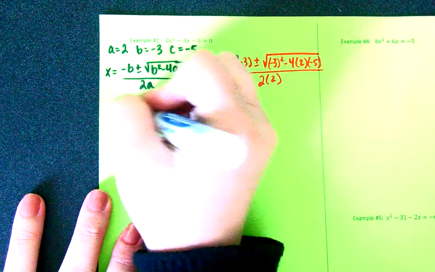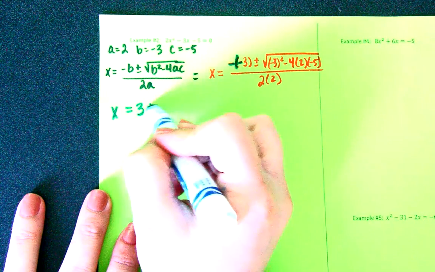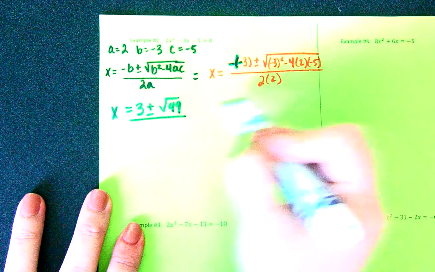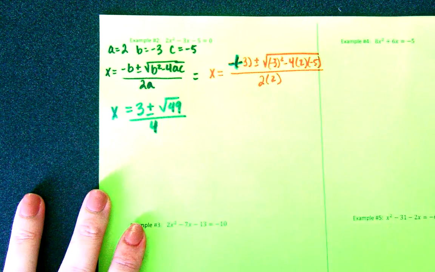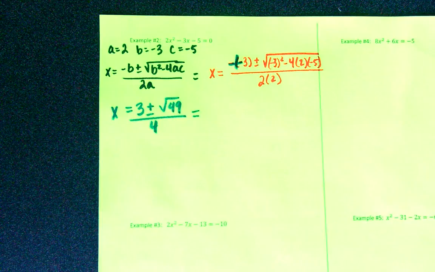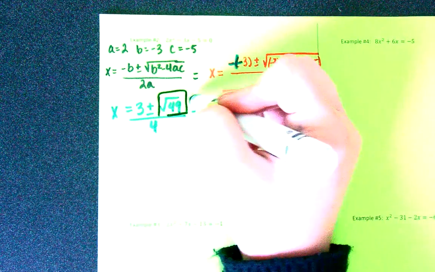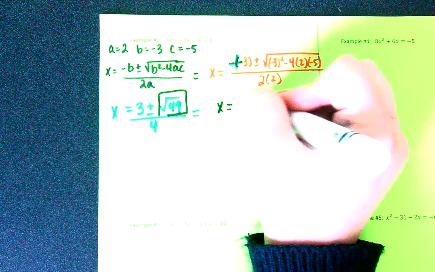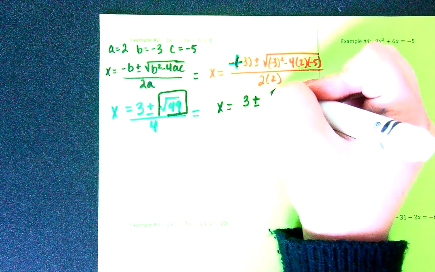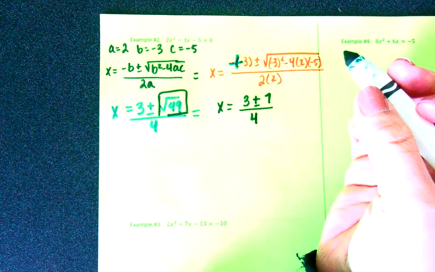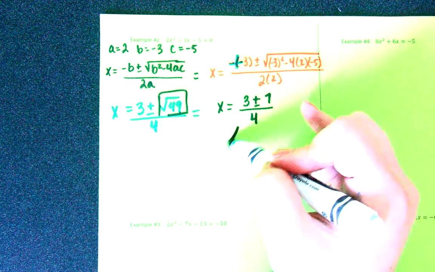So you have x equals 3 plus or minus the square root of 49 all over 2 times 2, which is 4. Now let's go ahead and simplify this here. The square root of 49 is going to give me 3 plus or minus, what times what gives me 49? Well, 7, all divided by 4. This is where we split.